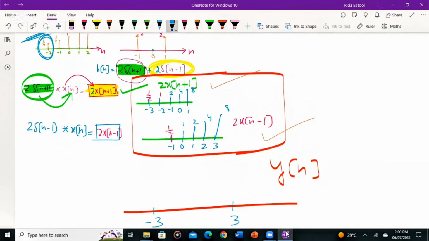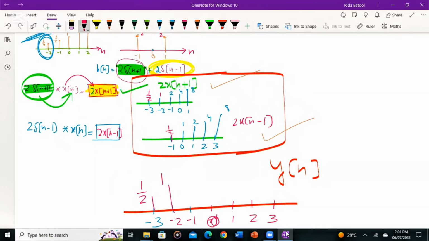So the answer will be, the signal will start from -3 till +3. Can you add this signal by yourself? Here you will get 1 by 2. At -2, you will get 1.